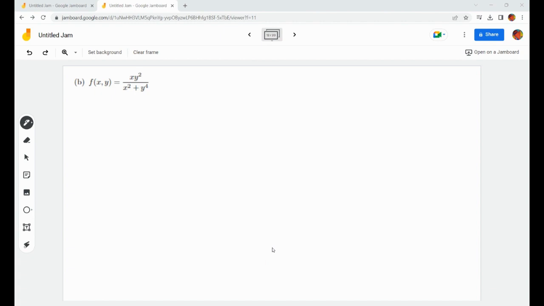Okay, so what we have to do is bring out method 1 or method whatever. I don't really know what method it is. So f(0, y) and f(x, 0) gives you 0 divided by y^4, which gives you... I think I'm doing something wrong.